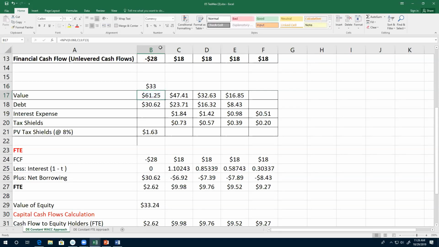This came out 33.24. We're doing the same thing here. This is just the value to the equity holders, but then you're also subtracting, quote unquote, a smaller amount. So it's investment from equity holders perspective and inflows from equity holders perspective. The net answer is going to come out the same.